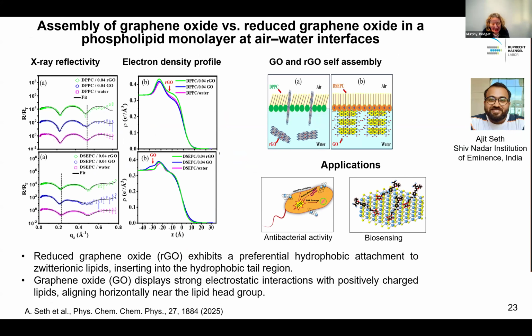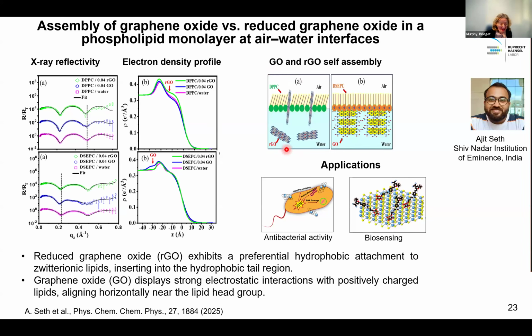Sajal and Ajit Sit from Shivnadar have been looking at the assembly of graphene oxide and reduced graphene oxide in phospholipid monolayers at the air-water interface. And here it's very interesting that there's a completely different assembly, regardless of whether we take graphene oxide or reduced graphene oxide.